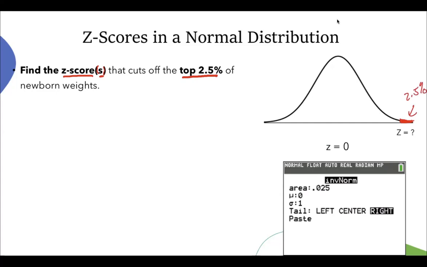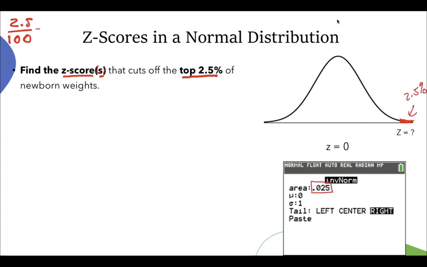That's the right side. And when you put 2.5% in as your area, you're going to make sure that it's 0.025. So some students need to be reminded exactly how to do that. 2.5 expressed in decimal form is 2.5 divided by 100.